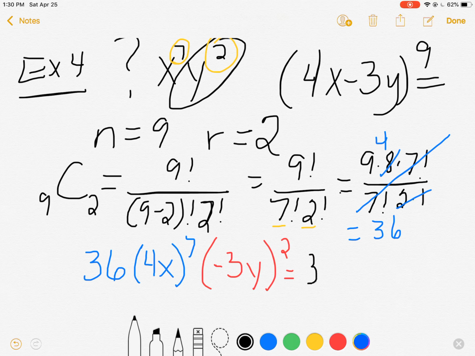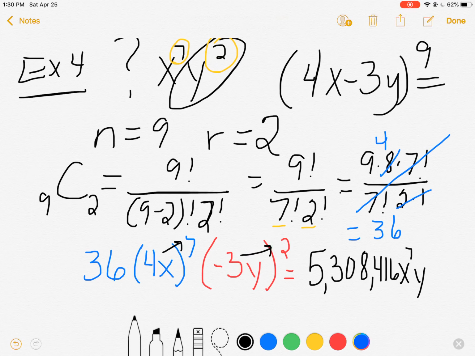So then this is 36 times 4 to the 7th power gets raised to the 7th power. Negative 3 gets raised to the 2nd power, and I multiply all that together, and I get 5,308,416 x to the 7th, y to the 2nd.